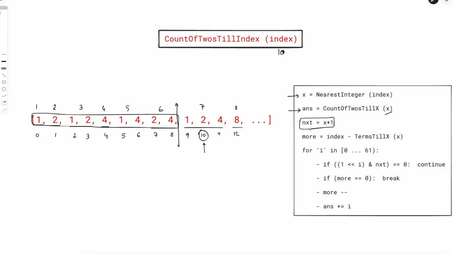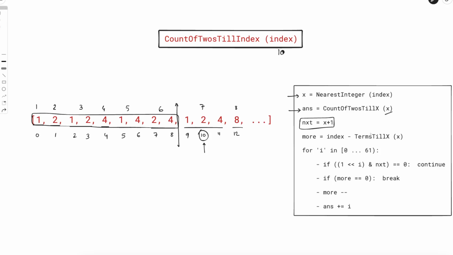Now how many expressions to include here? Like we have 3 expressions for 7, so how many of these integers to include? That will depend on how many we have exhausted up till the last integer.